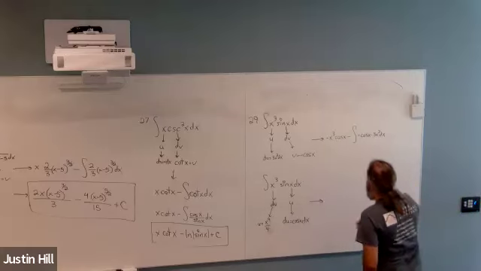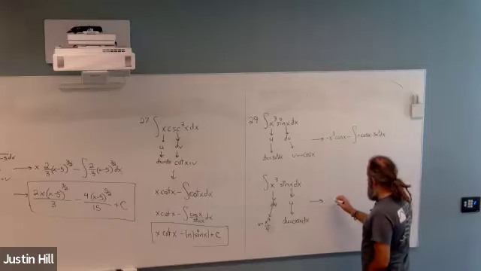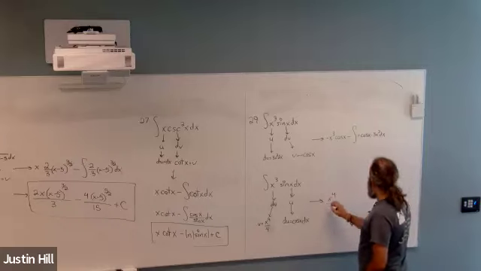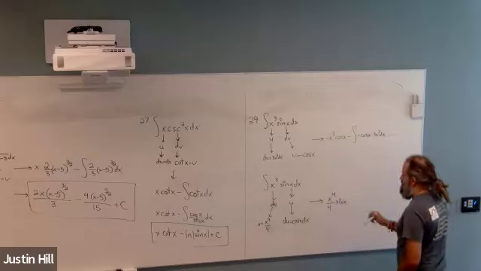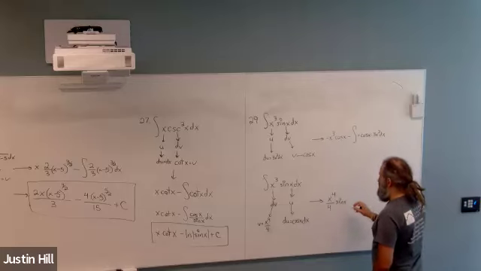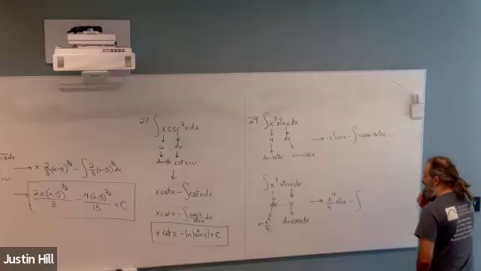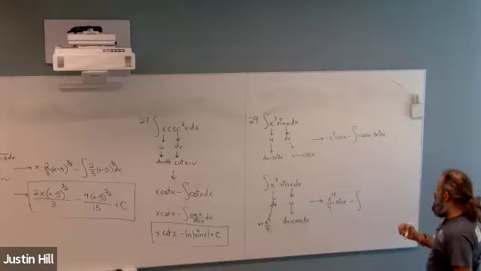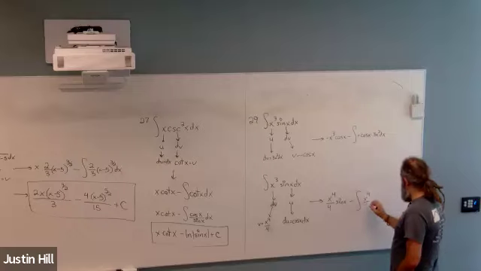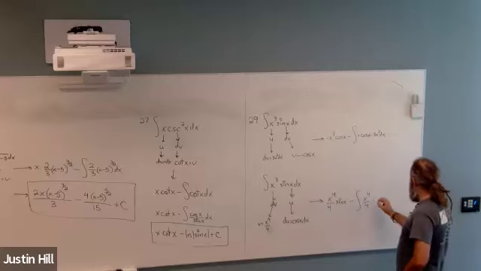With that, when we put this together, my integral would be x to the fourth over 4 times sine of x, so uv, minus the integral of v du, so x to the fourth over 4 times cosine x dx.